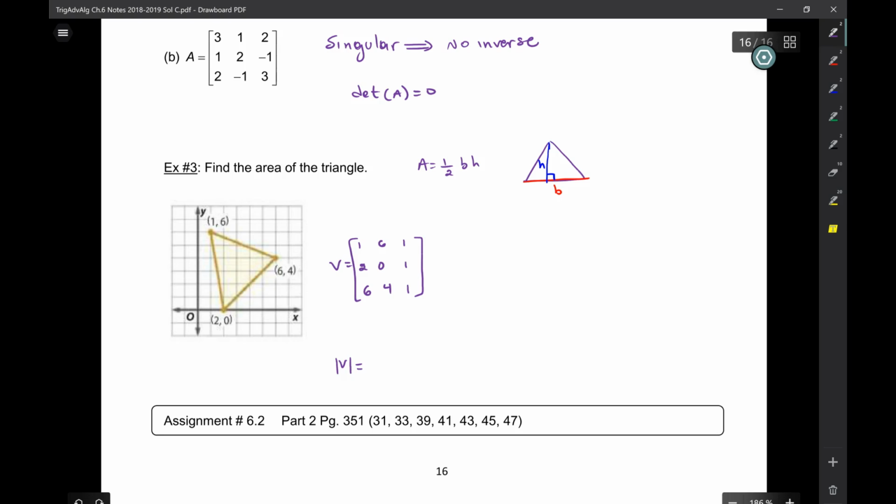Okay, I want to find the determinant. So I copy over this column here. Okay? So I get 0, 36, 8, minus 0, minus 4, minus 12.